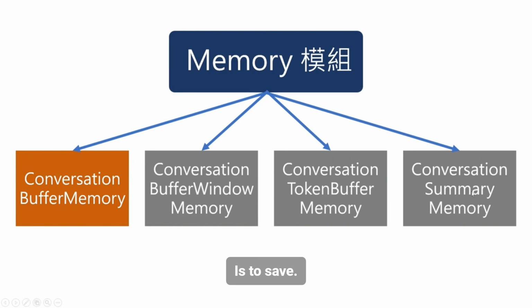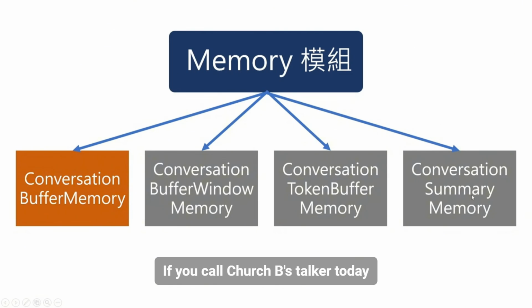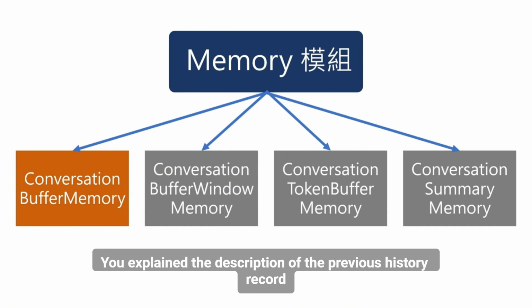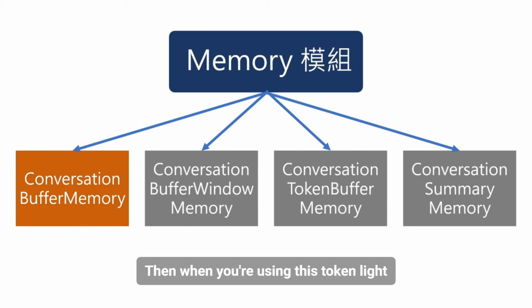What are its benefits? If you call ChatGPT today, using this may be better, because it turns the description of the previous history into a summary, so when you're using tokens, there will be much less. Okay, this is a supplement in the code that I think is worth mentioning and sharing.